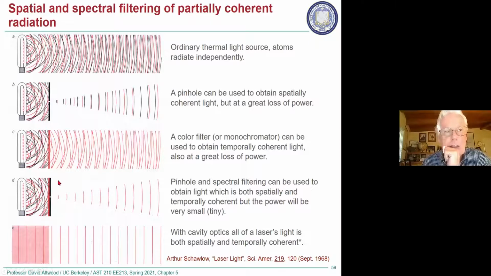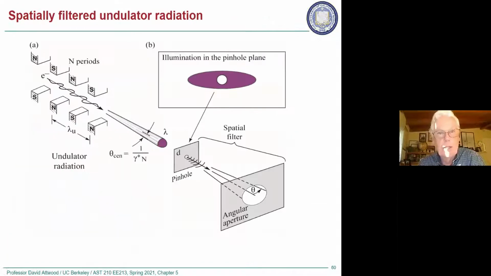At the ALS, for instance, with an undulator, we have a watt of power in the central radiation cone, and then we put a pinhole in front of it and a monochromator to narrow the bandwidth, and we wind up losing some pretty good factors. So this is what it will look like. The ellipse is even more eccentric than shown. Now, this is the concept we're talking about. We had a condition for this, and we're going to use that to understand the filtering.